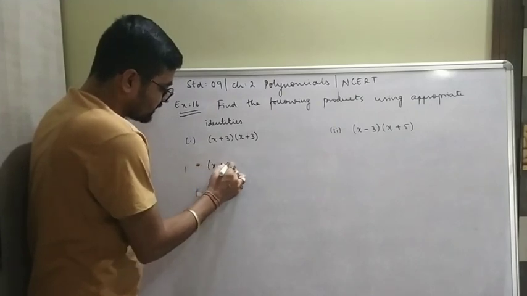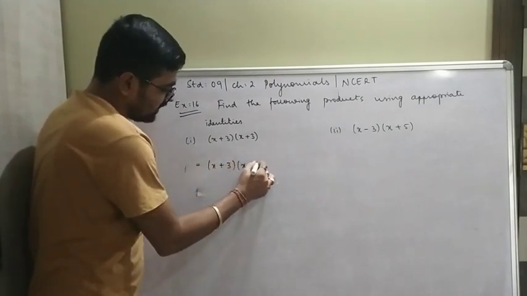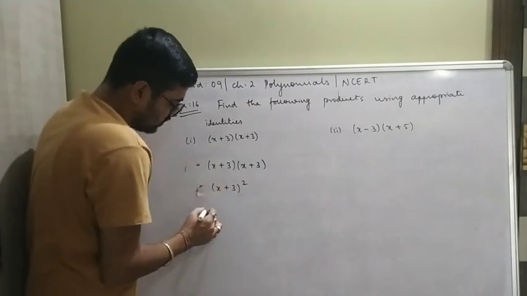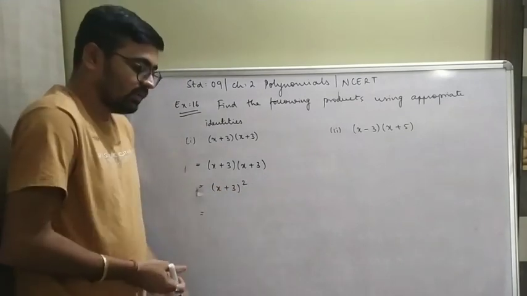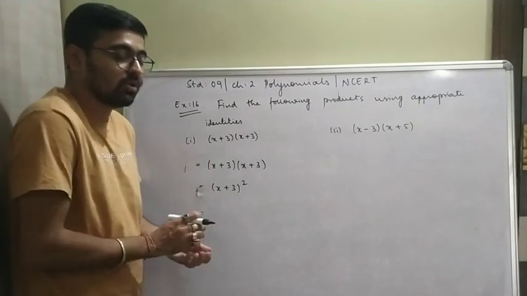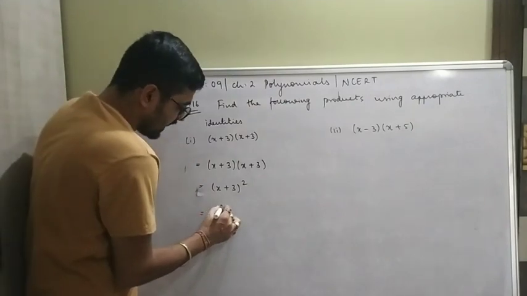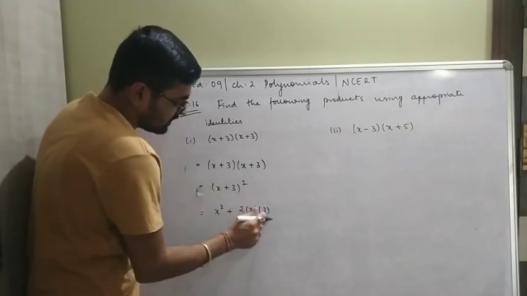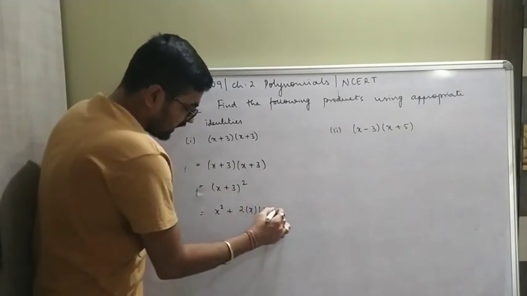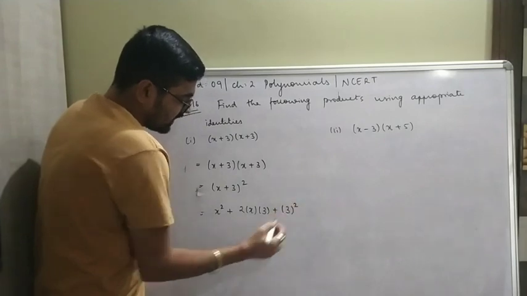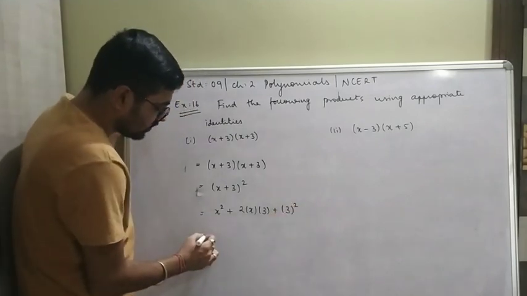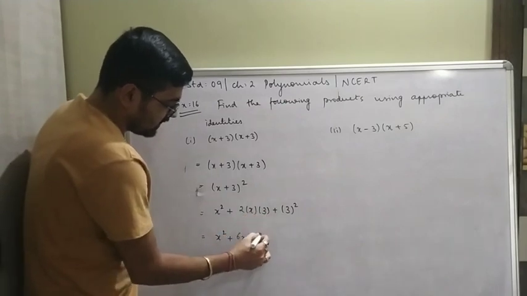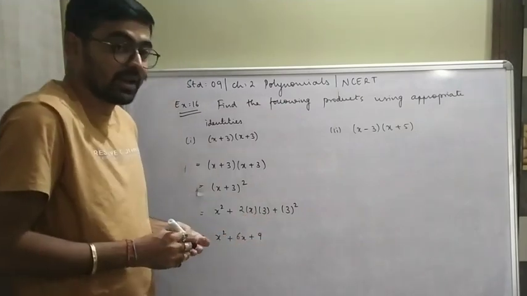I can write (x plus 3) into (x plus 3) as (x plus 3) whole square, and we just wrote the first identity, that (x plus y) whole square is x square plus 2 times x into y plus y square. So instead of y here it is 3, plus 3 square. Simple. So it will become x square plus 6x plus 9.